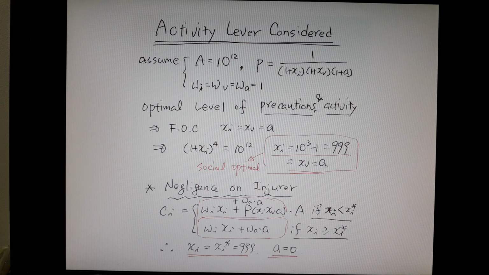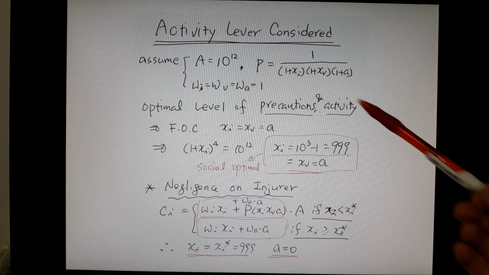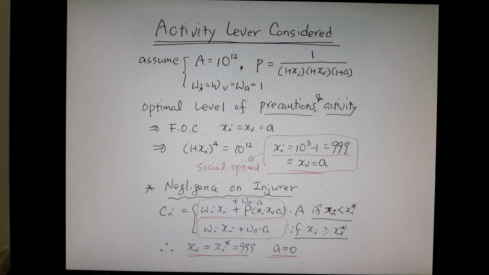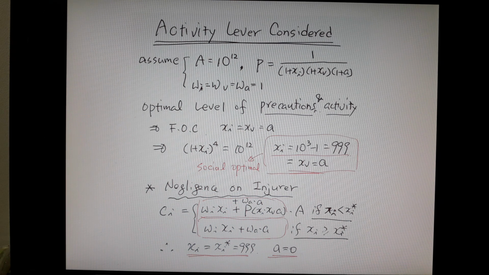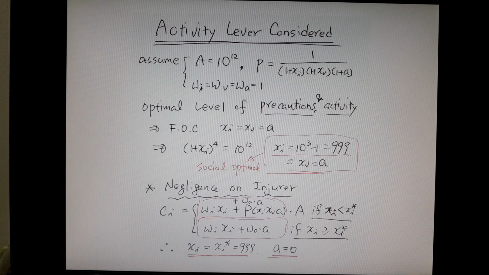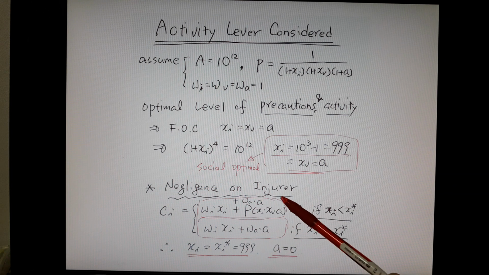Now, we know that because the injurer and victim both should be careful, we already know that strict liability is hopeless to get the efficient result. On the other hand, the negligence rule was good. So let's try the negligence, but negligence on the injurer.